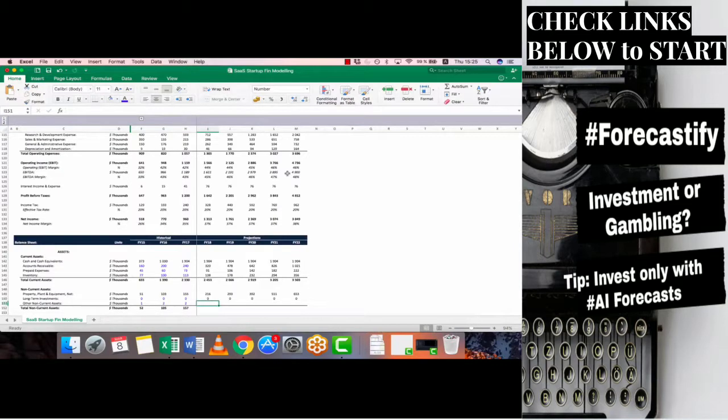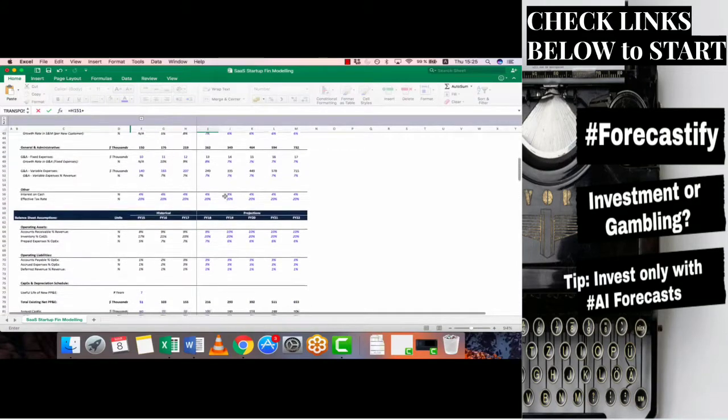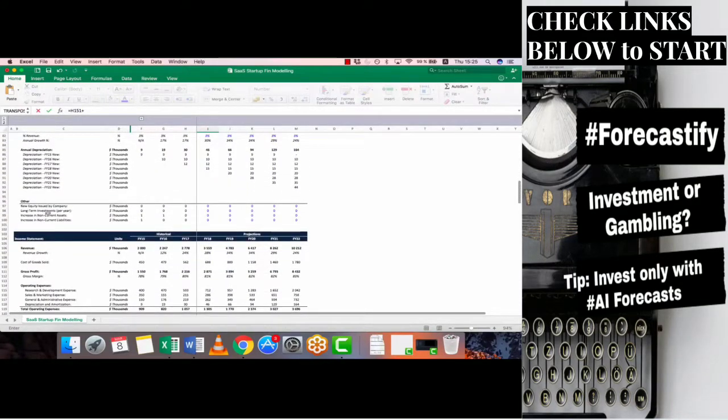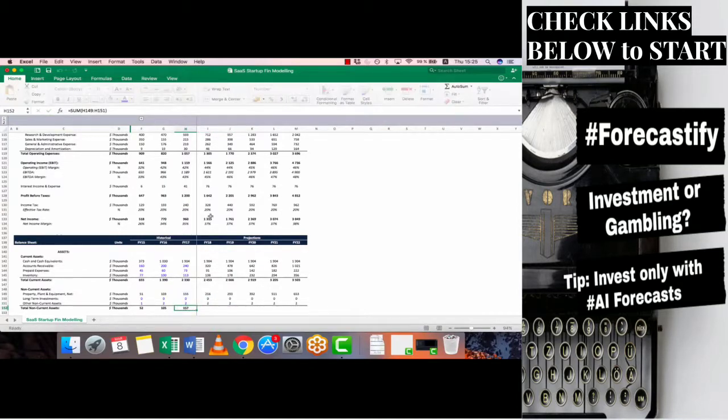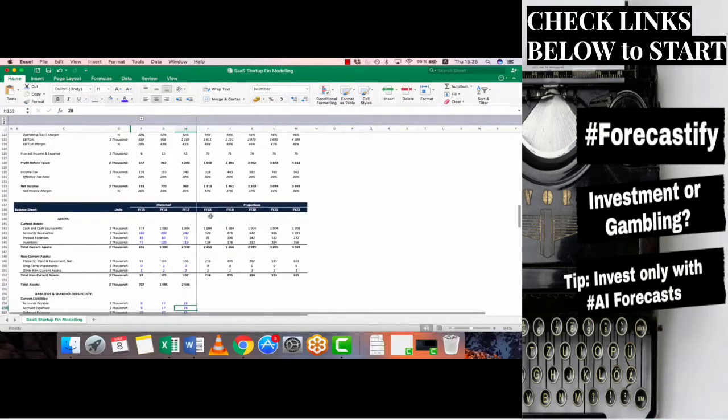Other non-current assets, exactly the same, taking the previous number and adjusting for the delta that we've assumed. It's just being held constant. So total non-current assets, it's just a formula, so we can copy that. Simple. Total assets exactly the same.